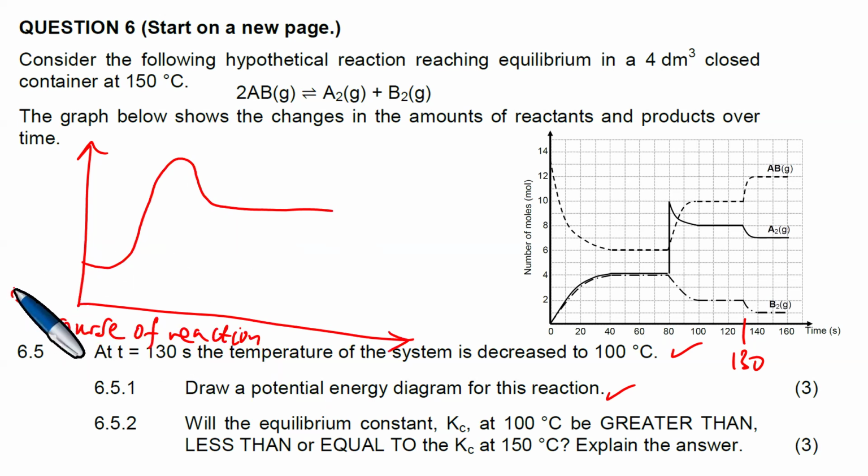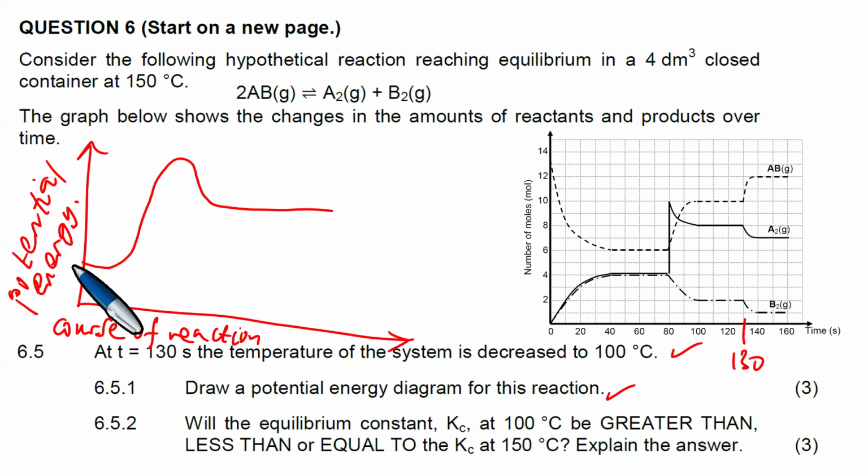Because this kind of reaction is such that we are able to see the potential energy of the products versus the potential energy of the reactants.